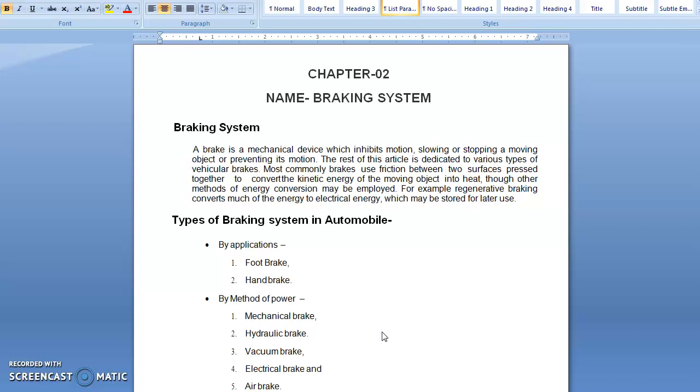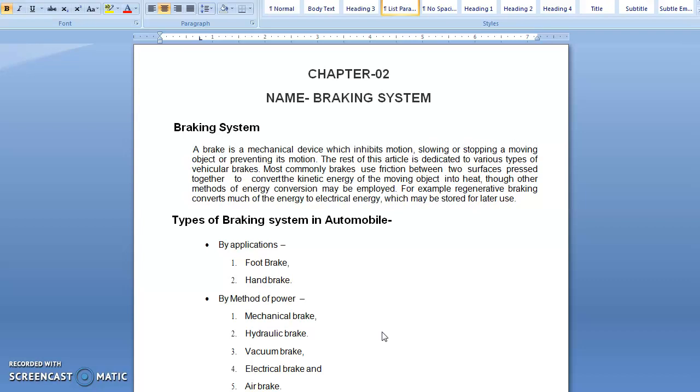The rest of this article is devoted to various types of vehicle brakes. Most commonly, brakes which are used in various automobiles work under friction.